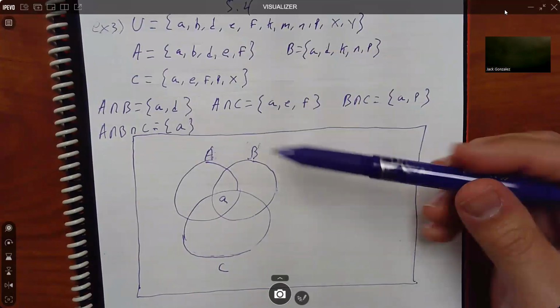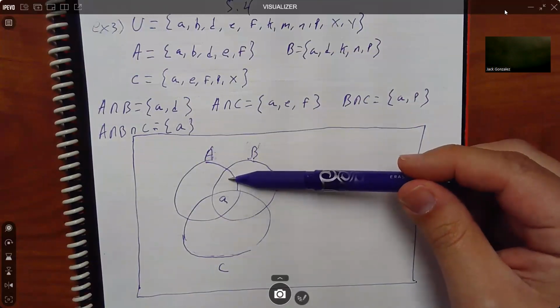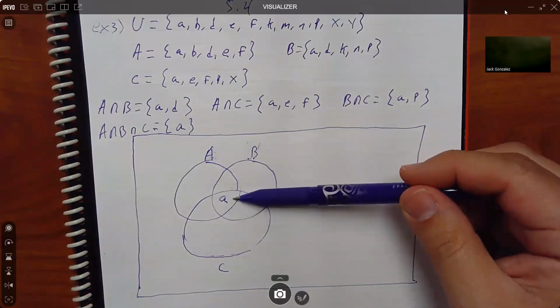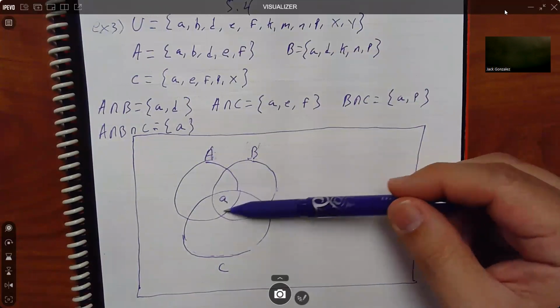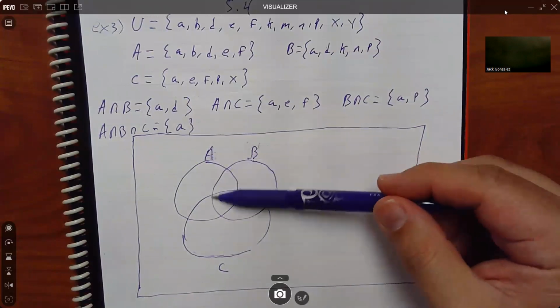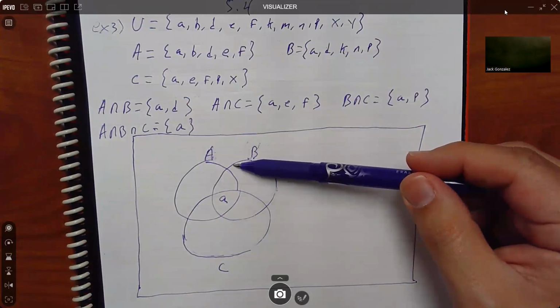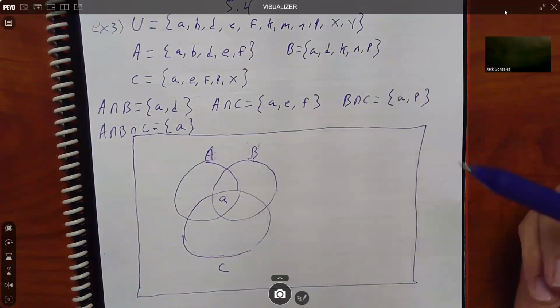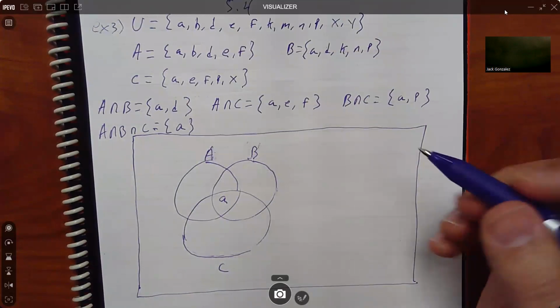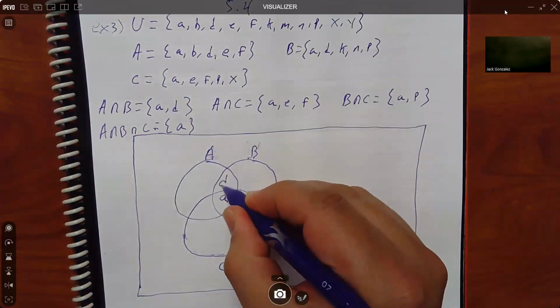Now let's see what's in the middle of A and B right here, but not including the A because that's already inside. This section right here is A intersect B. I already have the A, so just D goes here, right?